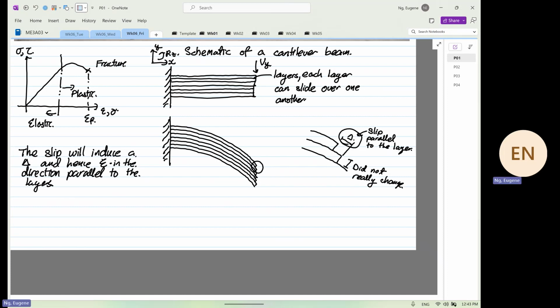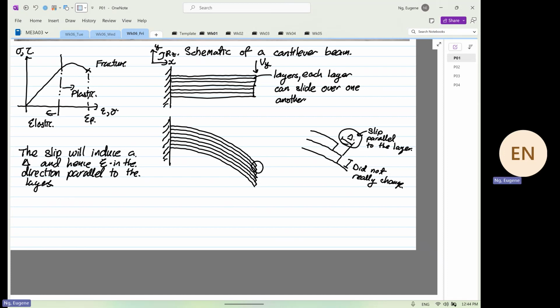So the face which we analyze, whereas the longitudinal layer, the layer along the ZX plane, you see a displacement. You see a slip, and when there's a slip, there's a strain.